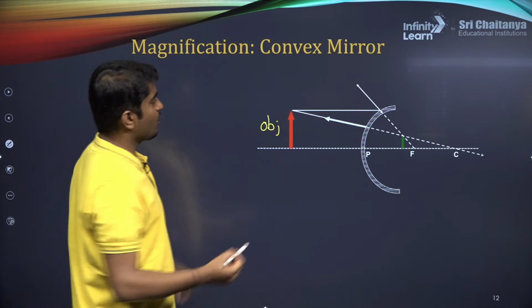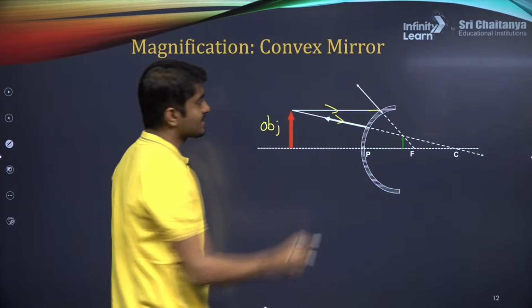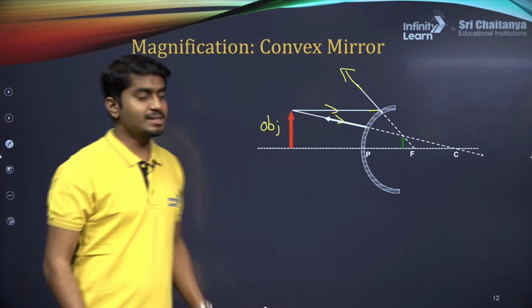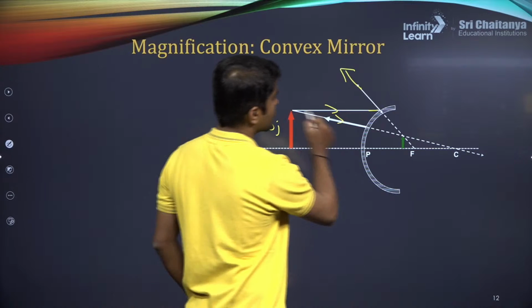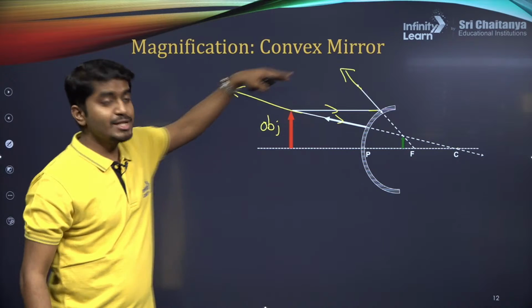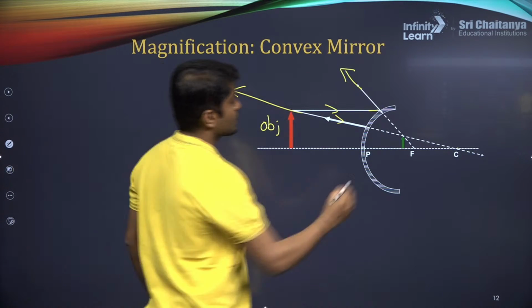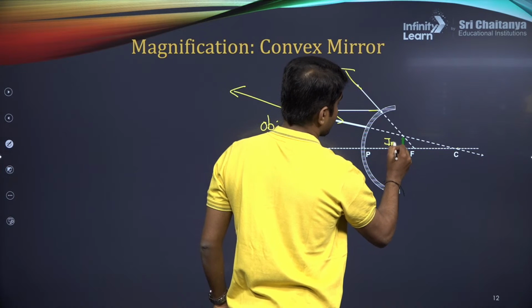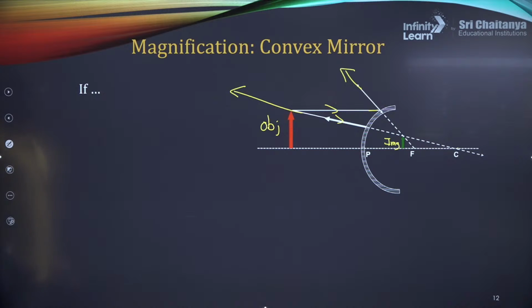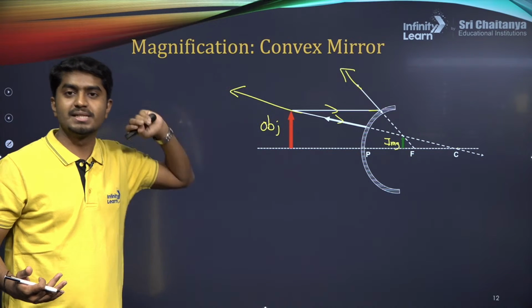So in that case what will happen? These are the incident rays. The first incident ray is parallel to the principal axis. There is a reflected ray, which appears to come from the focus. The second incident ray, which is towards the center of curvature, will get reflected in this direction. These two reflected rays are not going to meet each other. They are diverging. So this is our image. Now what are the properties of this image? Let's suppose we assume the object is above the principal axis.